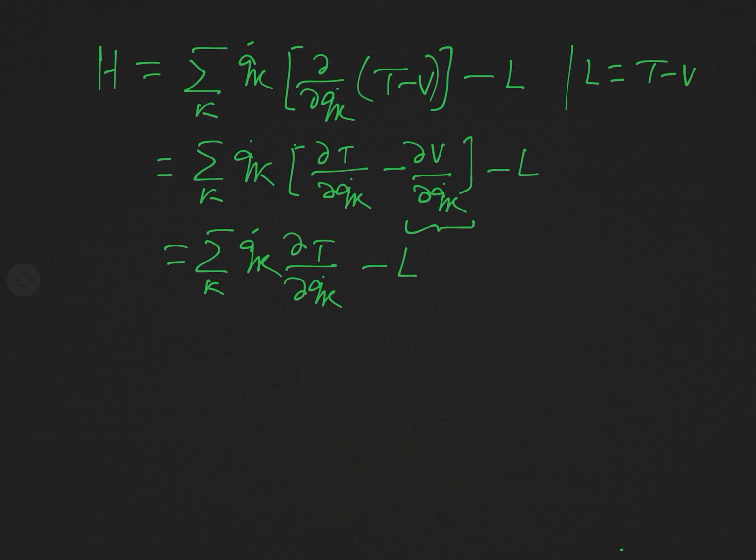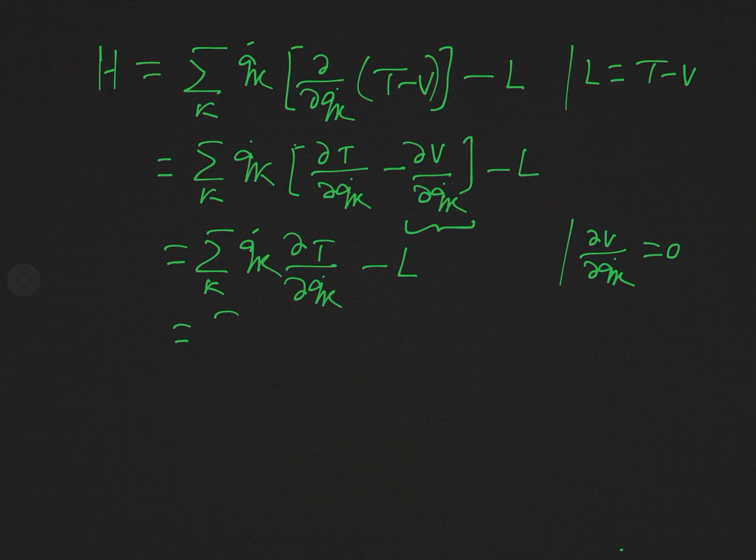As we are considering that our system is conservative, and just I have mentioned above that for a conservative system ∂V/∂q̇k is equal to 0. So this term is 0, and hence our result is like this.